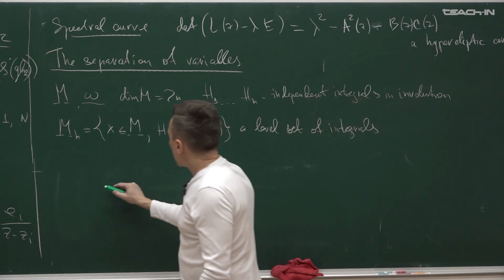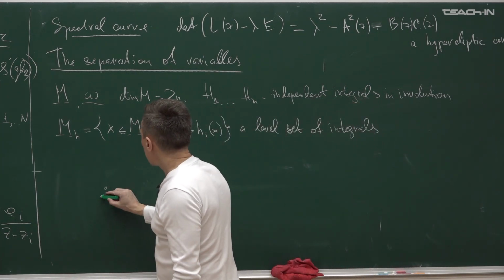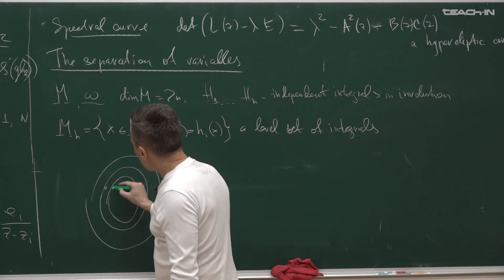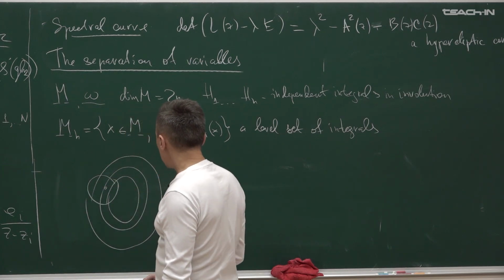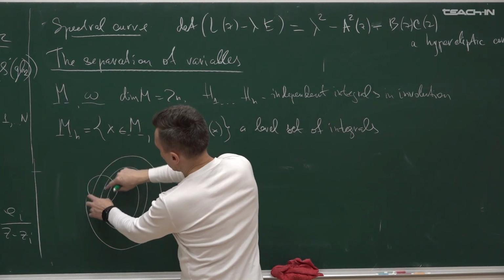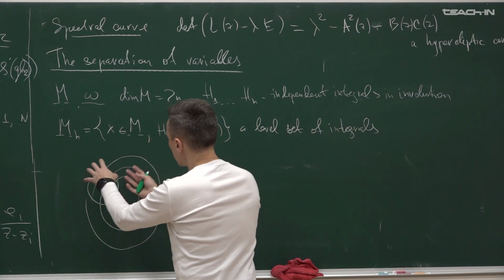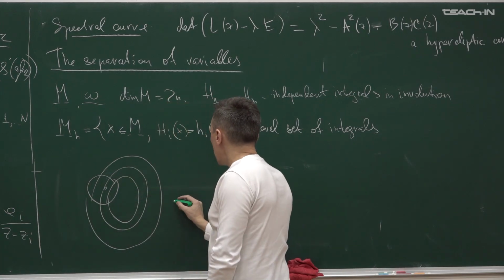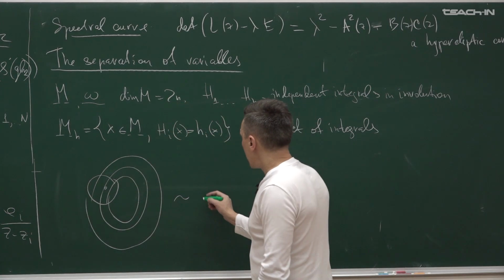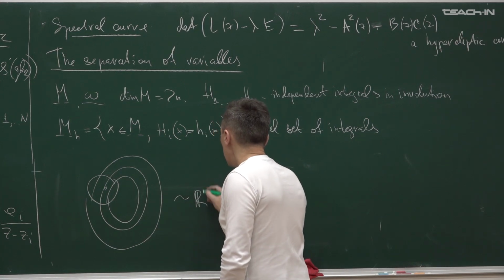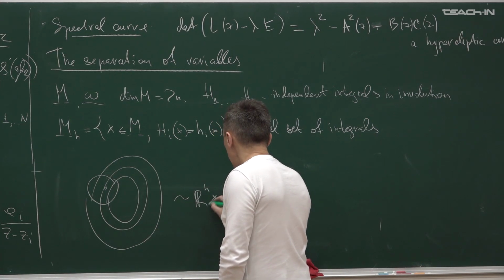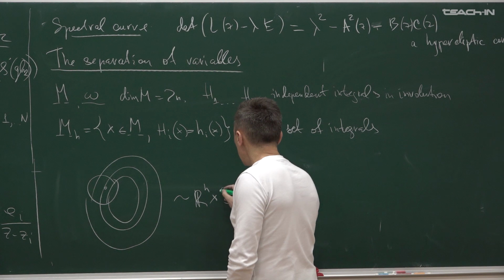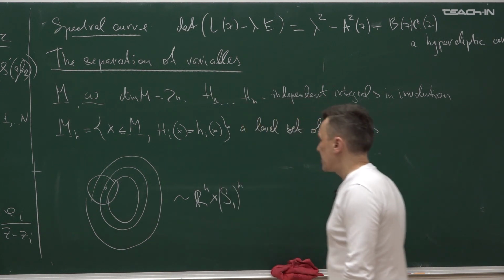And moreover, at the neighborhood of this point, even the tubular neighborhood of this torus can be represented as the product of R^n and S^1, n times.